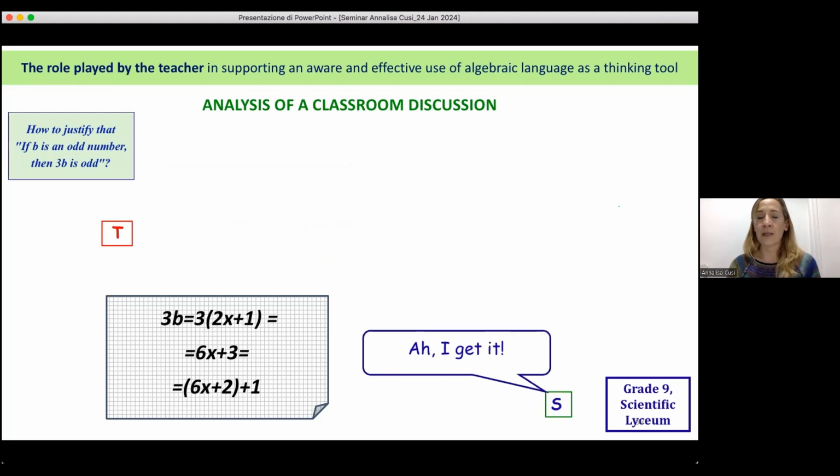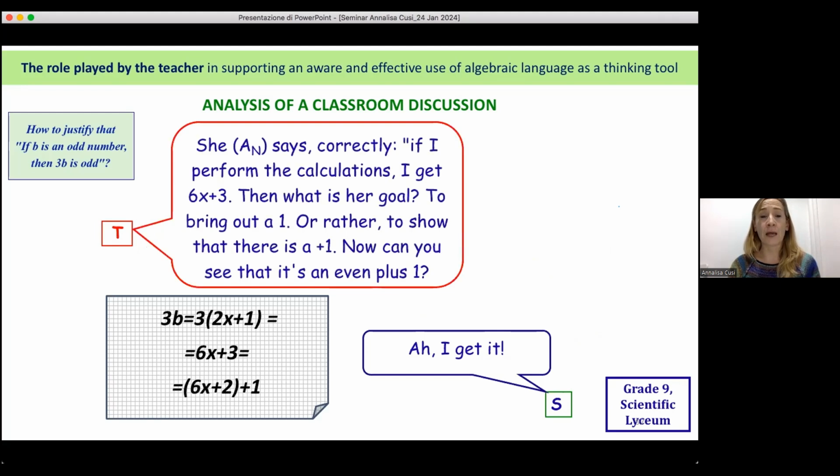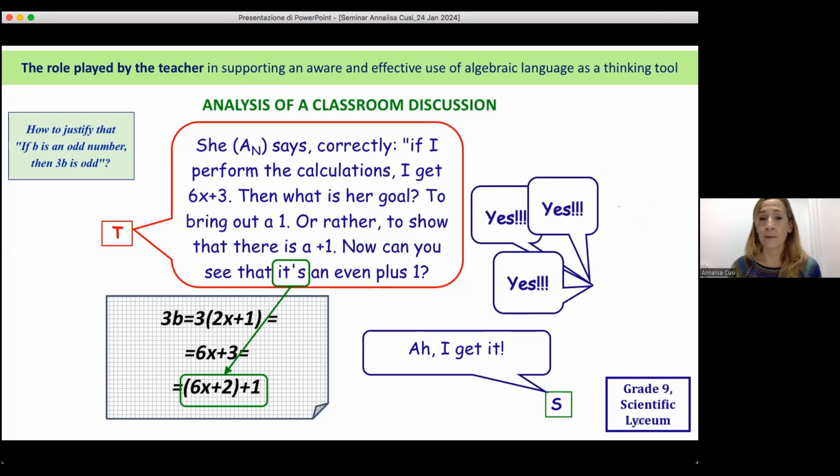Another student says, I get it. And the teacher, she says correctly, if I perform the calculations, I get 6x + 3. Then what is our goal? To bring out a +1, or rather to show that there is a +1. Now, can you see that it's an even +1? Yes.